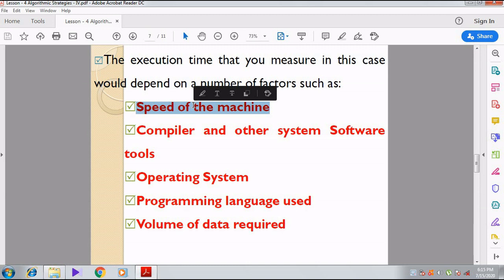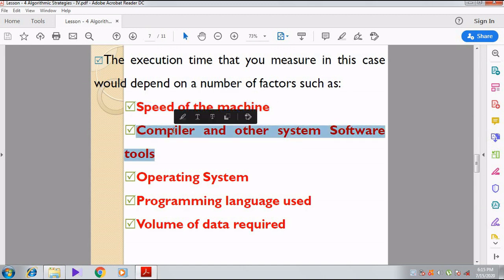For example, if you create a 10 to 15 line program, it takes 1 minute to run. But are we waiting that much time in an i3 processor or i5 processor? No. So it is based on the speed of the machine. Next, compiler and other system software tools. What type of compiler are we using?